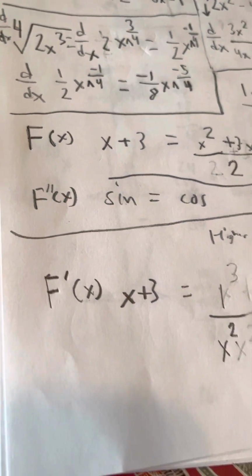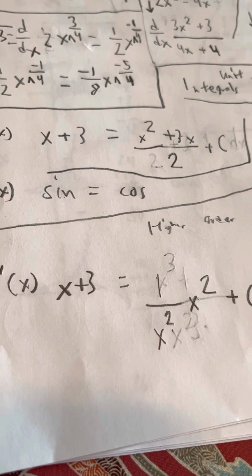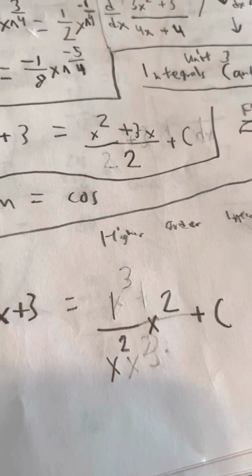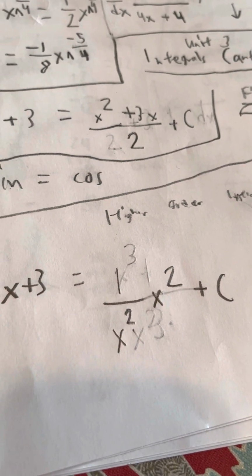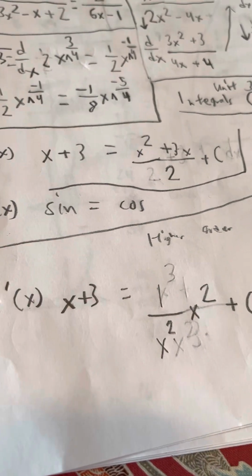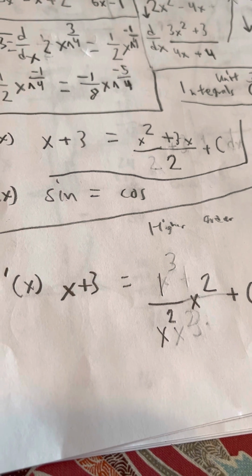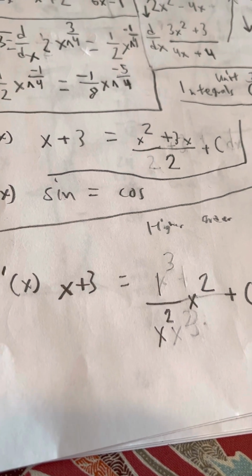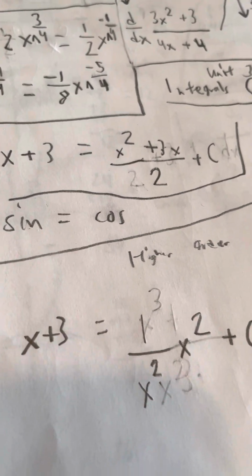Capital F of x equals x squared plus 3x over 2 plus c, because you need to have the constant, and then you put the next degree in the denominator.